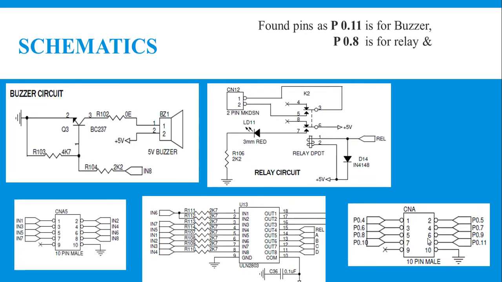If you send logic 1 via the 11th pin of port 0, the buzzer will be on. If you send logic 0 via the 11th pin of port 0, the buzzer will be off. Okay, this is about controlling the buzzer. So you got one pin, that is the 11th pin of port 0.